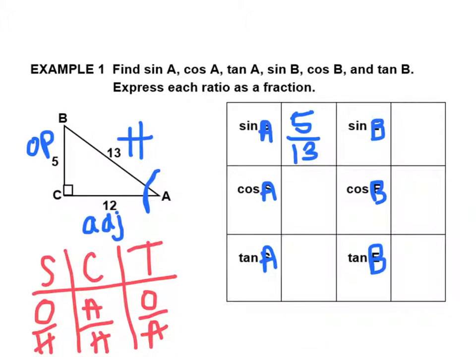Our adjacent in this triangle is 12, and 13 is the hypotenuse. So our ratio is 12 over 13. Now our tangent is the opposite over the adjacent, which is right here. Our opposite in this triangle is 5, and our adjacent is 12.